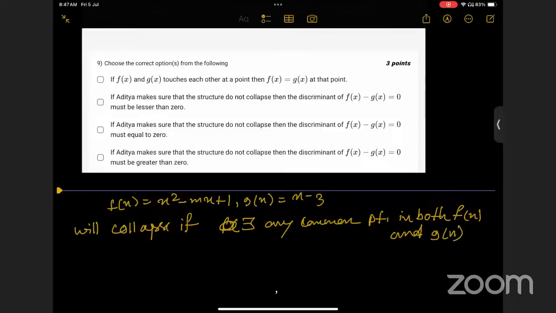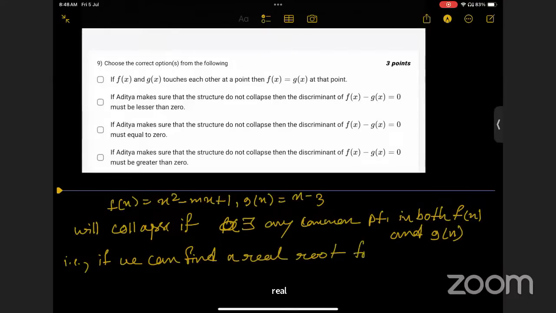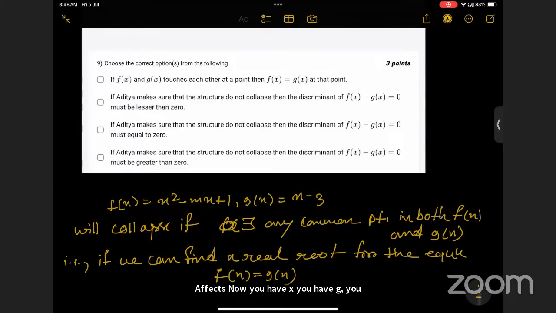That means if we can find a real root for the equation f(x) equals g(x). Now you have f, you have g, you can calculate it.